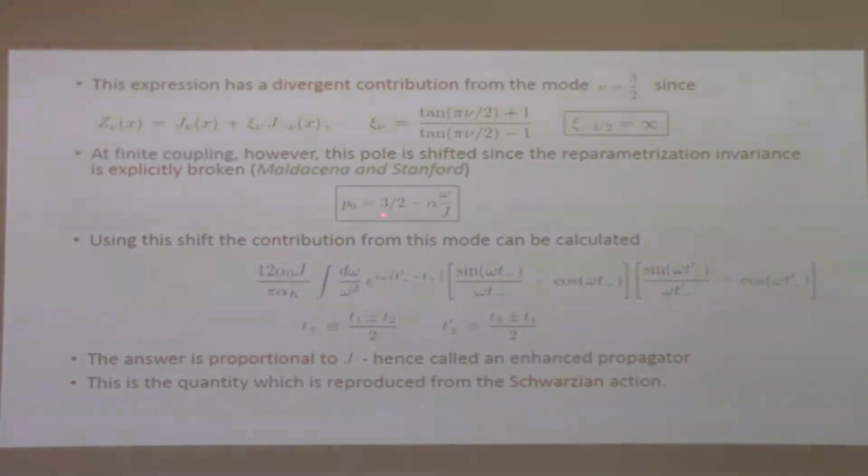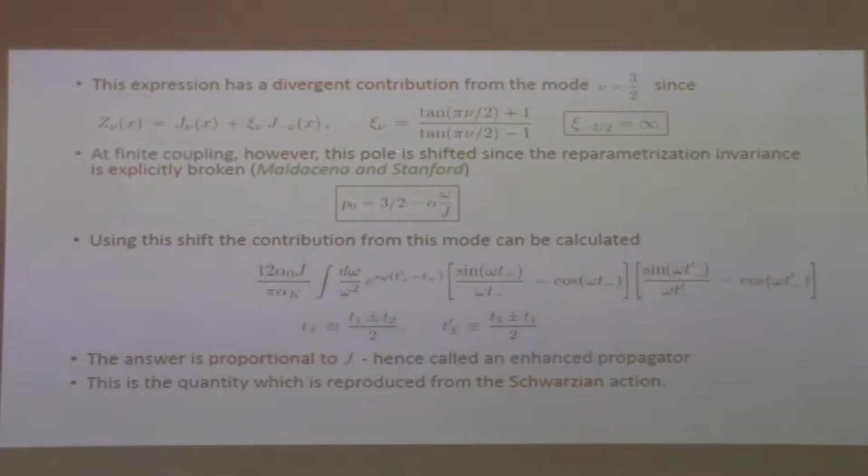Right. So then, of course, because this is a strong coupling zero mode, it leads to a divergent contribution to the propagator. But that, of course, cannot really be divergent if you take into account the finite J effects. And this was calculated by Maldacena and Stanford. What you find is that the position of the pole gets shifted by this amount. Alpha is just some number, omega is the frequency, so by an amount which is proportional to 1 upon J, as you would expect.